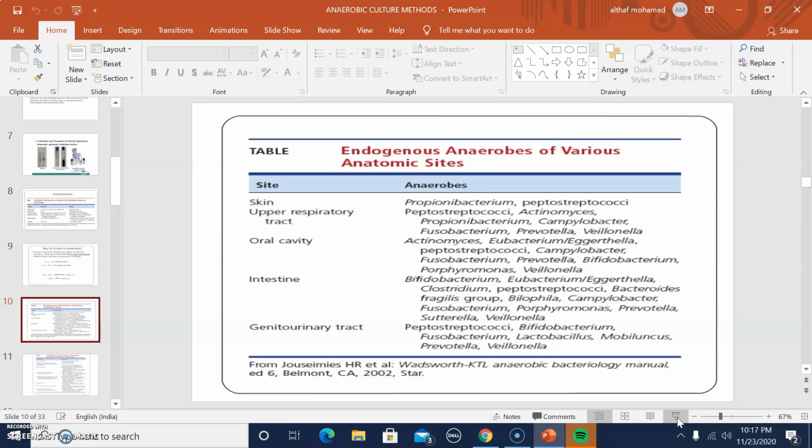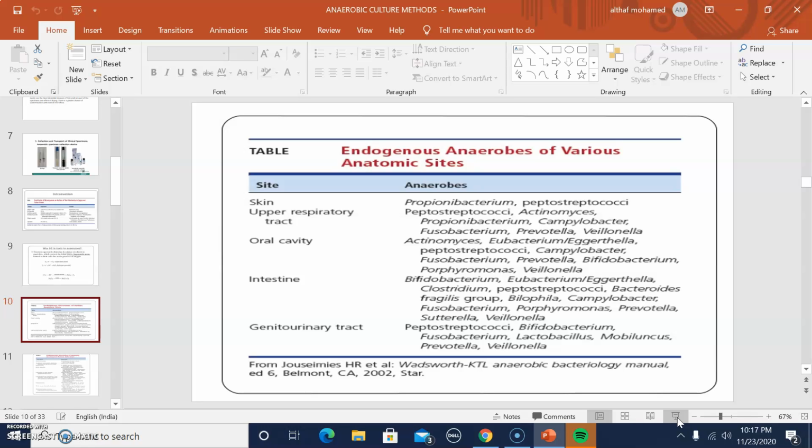In the oral cavity, the most significant anaerobes are Actinomyces, Eubacterium, Peptostreptococci, Campylobacter, Fusobacterium, Prevotella, Bifidobacterium, Porphyromonas and Veillonella.